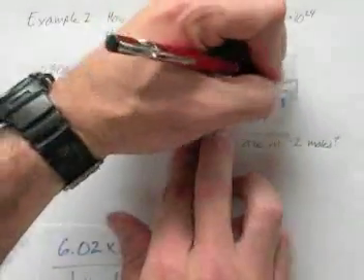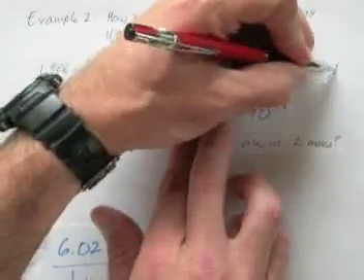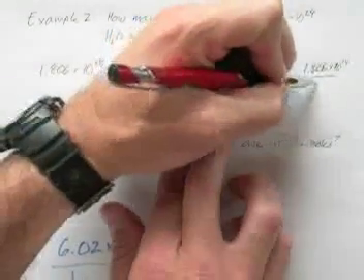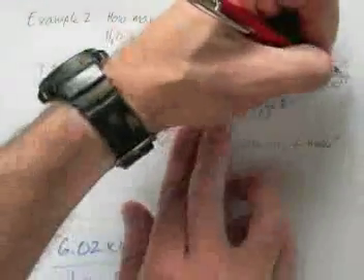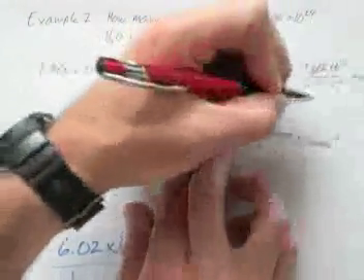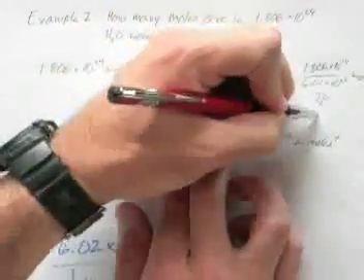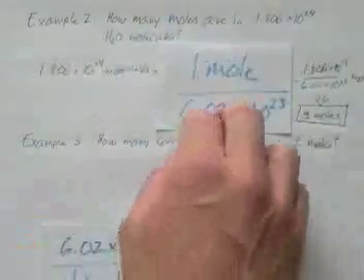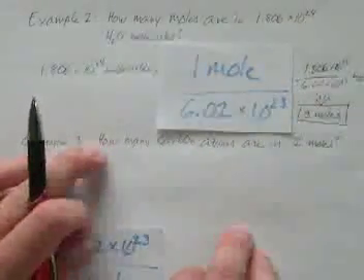So my answer is going to be 1.806 times 10 to the 24th divided by 6.02 times 10 to the 23rd. My molecules will cancel. My answer will be in moles. And if we apply our rules for operations with scientific notation, we find 3 moles is our answer. So this huge number of water molecules is actually only 3 moles of H2O.